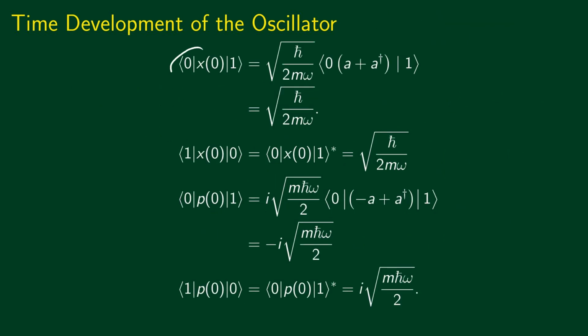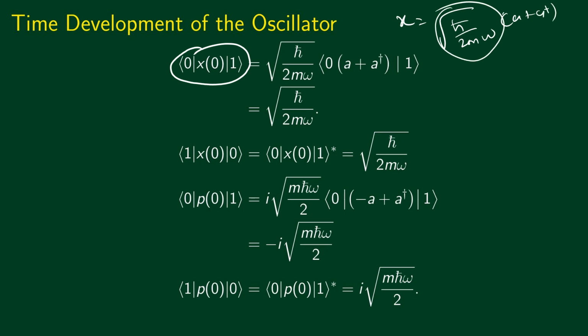For example, consider the term bra 0 x of 0 ket 1. You just use x is equal to square root of h bar divided by 2m omega times a plus a dagger. This part can be pulled out of the inner product, so that's why we have it here, and then we are left with the calculation of bra 0 A plus A dagger ket 1.